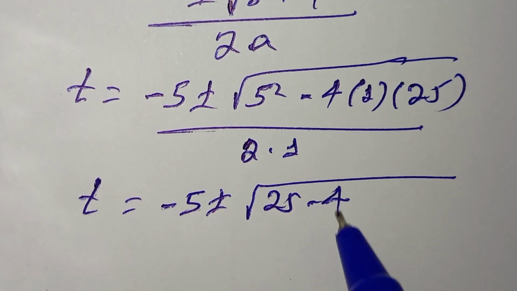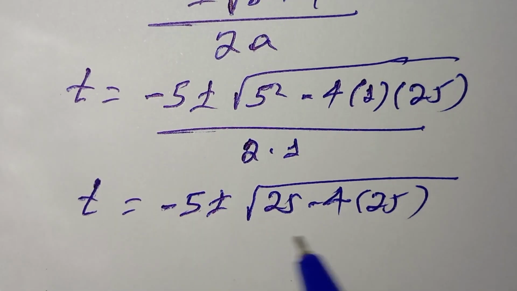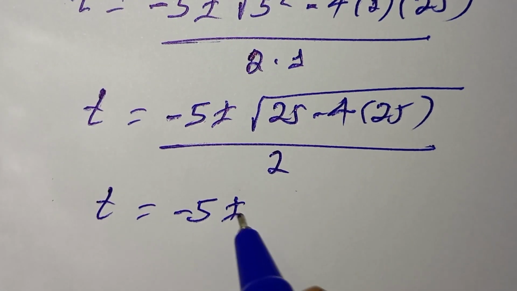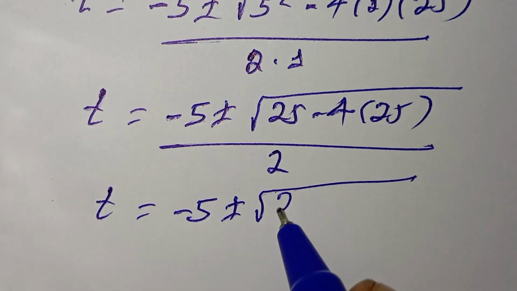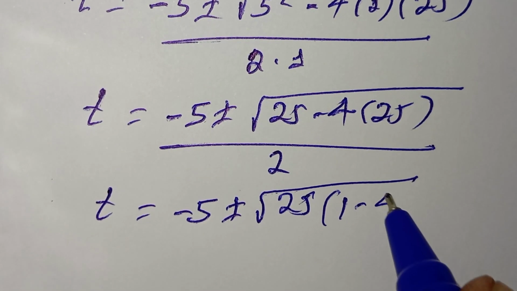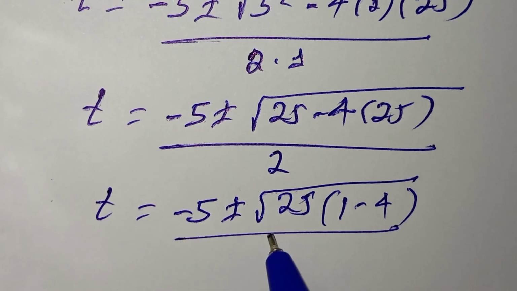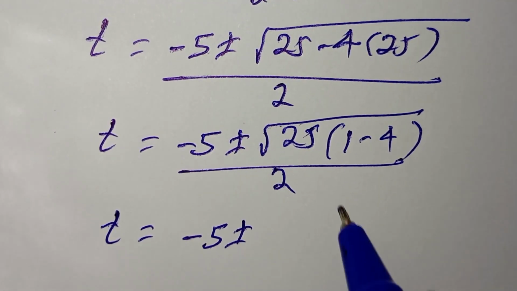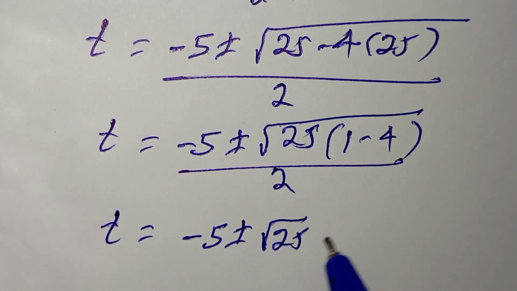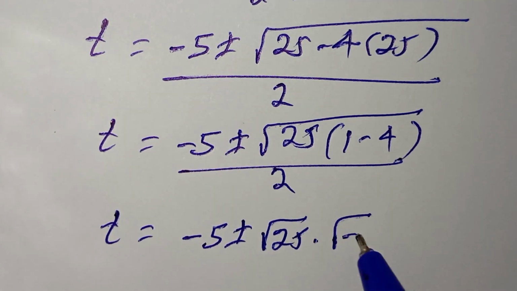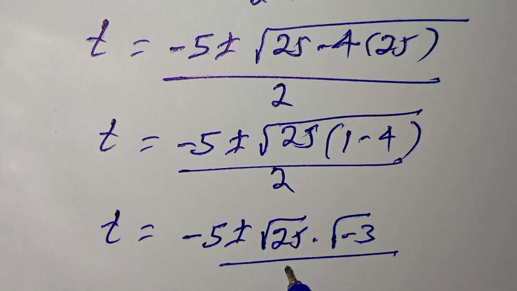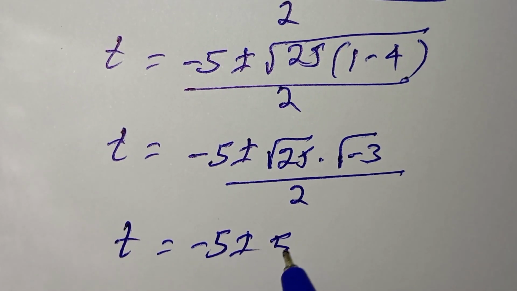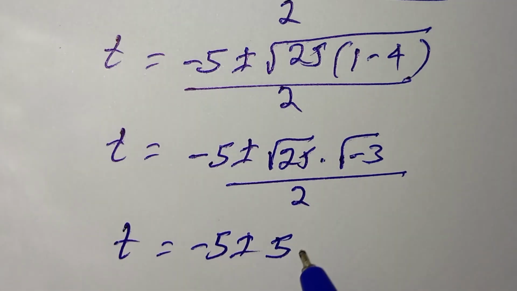Same as t is equal to minus 5 plus or minus the radical of 25 minus 4 times 25 over 2, which is minus 5 plus or minus under radical 25 times 1 minus 4 over 2. t is equal to minus 5 plus or minus the radical of 25 times minus 3 over 2. t is equal to minus 5 plus or minus 5 root 3i over 2, since radical 25 is 5.